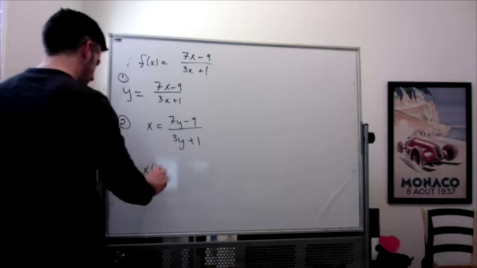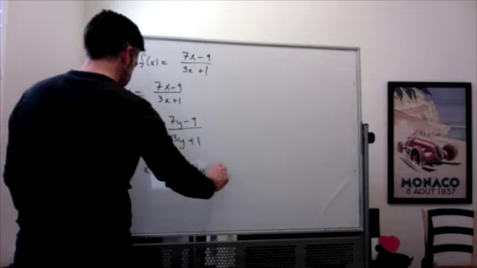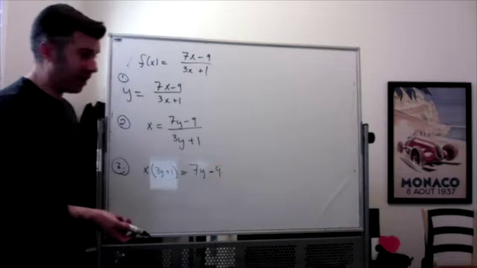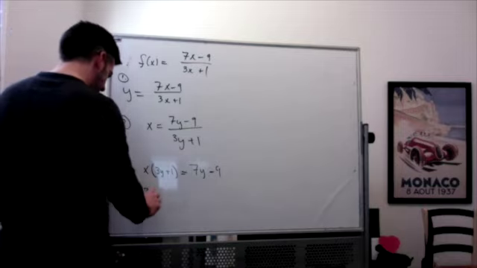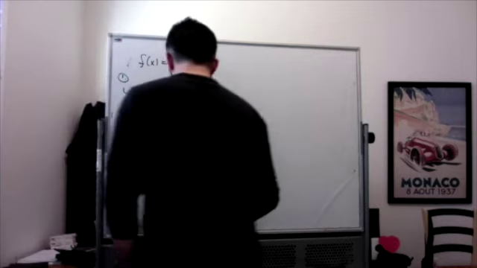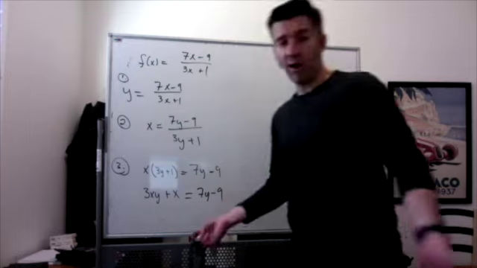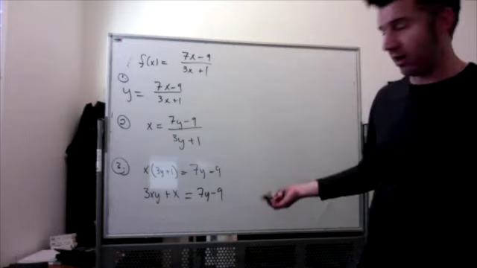So I'm going to get x times (3y plus 1) equal to 7y minus 9, right? Multiplying the right side by the denominator means the denominator goes away. And then we're going to distribute the x. So I'm going to have 3xy plus x equal to 7y minus 9. You can bring your y's to either side. I'm going to bring them to the left usually, but you can bring them to the right.